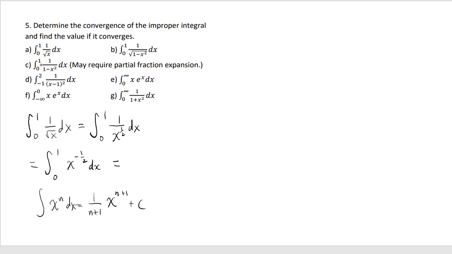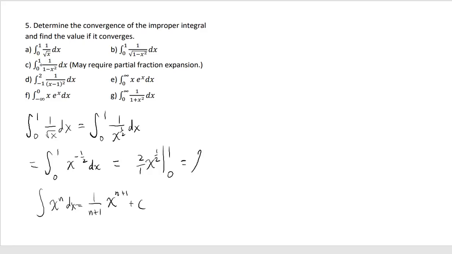So let's apply that. We add 1. 1 plus negative 1/2 is positive 1/2. Put the 2 over 1 and you put 1, 0. Okay, this is where you have to be careful. You should not plug in 0 right away, because 0 was a point where the denominator was undefined.